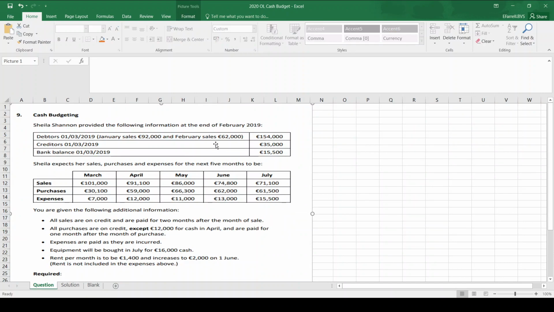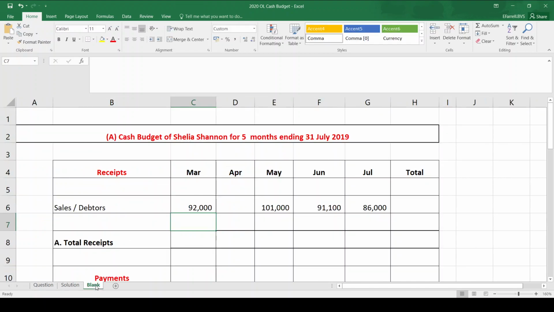And in April, I'll receive February sales of 62,000. So now I'm just going to total those across to give me my total receipts for those 5 months. There's no other receipts apart from sales, so I'm just going to total these now.